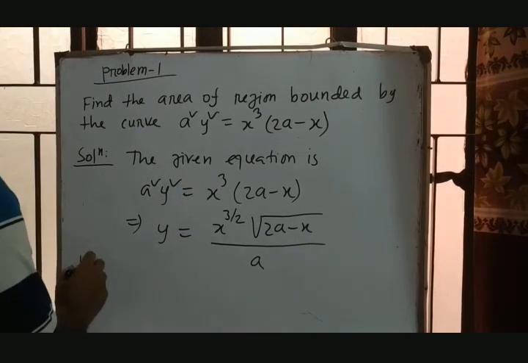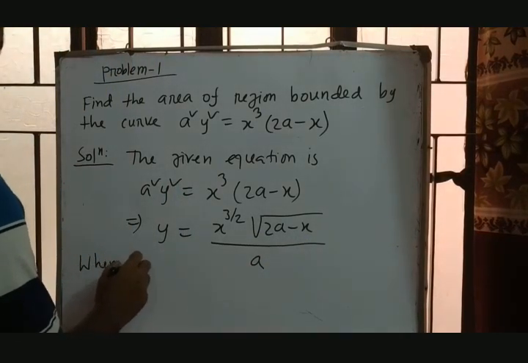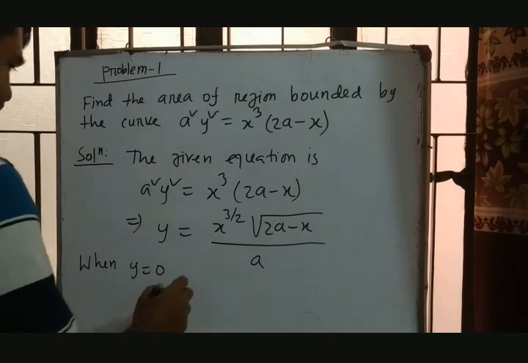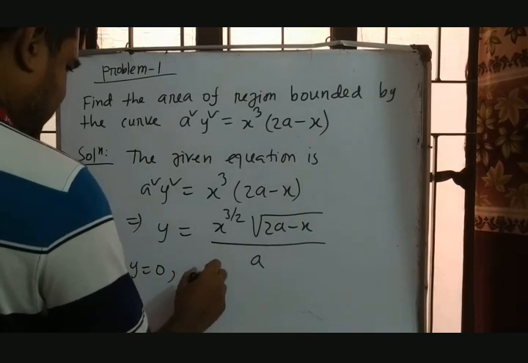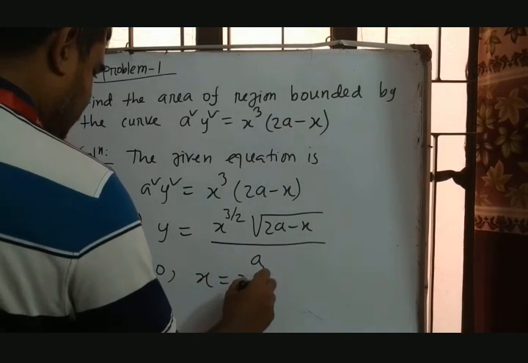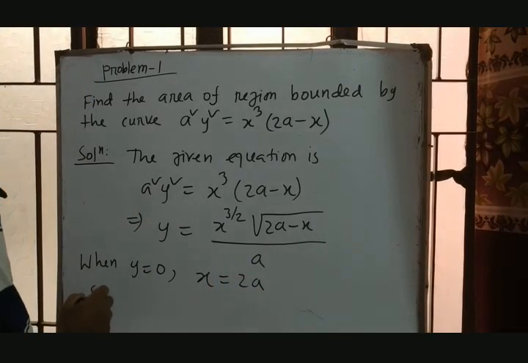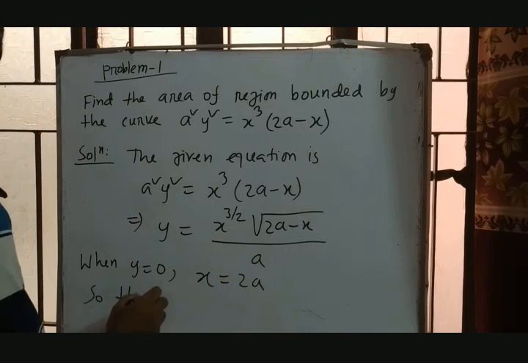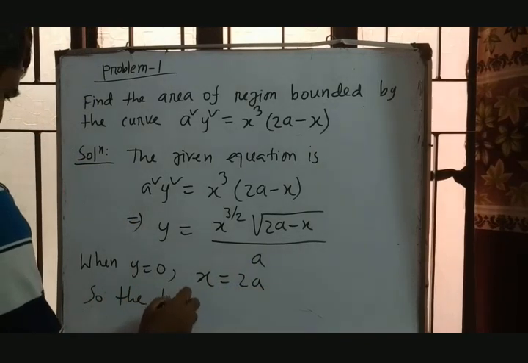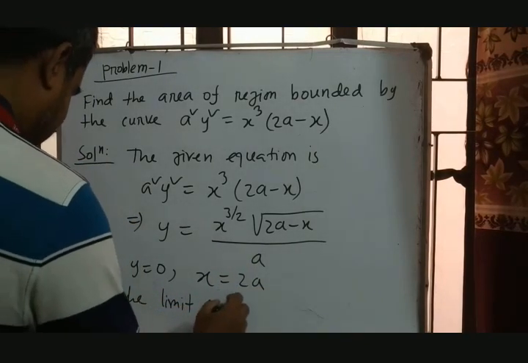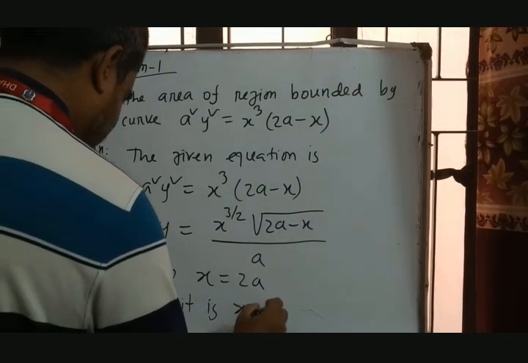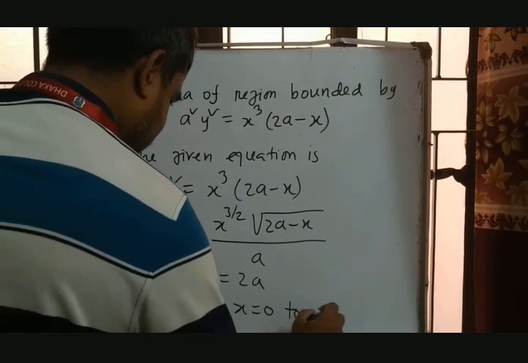When y is equal to 0, we get x is equal to twice a. So the limit is x is equal to 0 to x is equal to twice a.